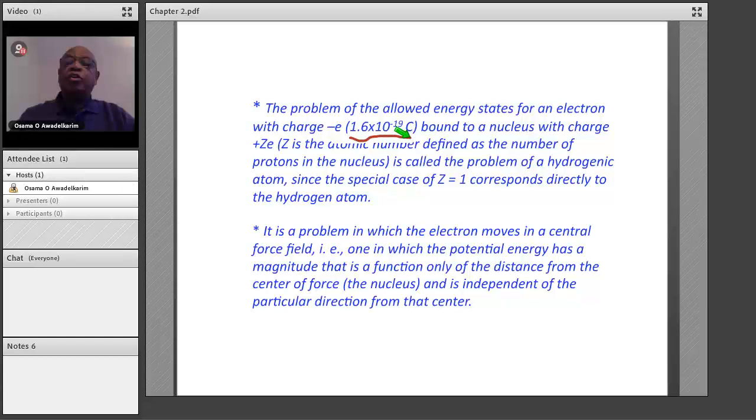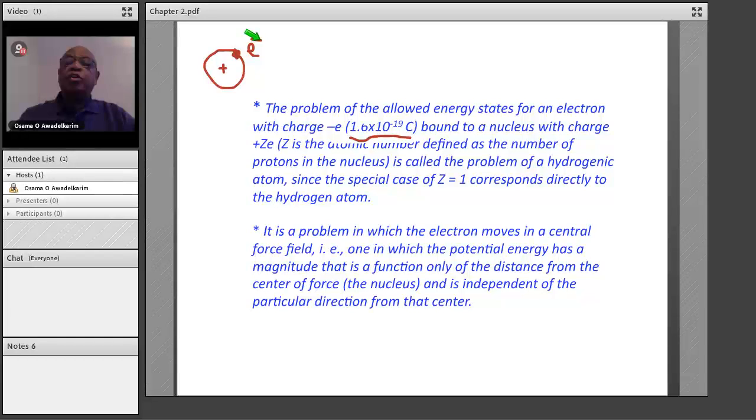In an atom, we have a nucleus, which is a positive charge, and then we have an electron, which is a negative charge, minus 1.6 times 10 to minus 19.